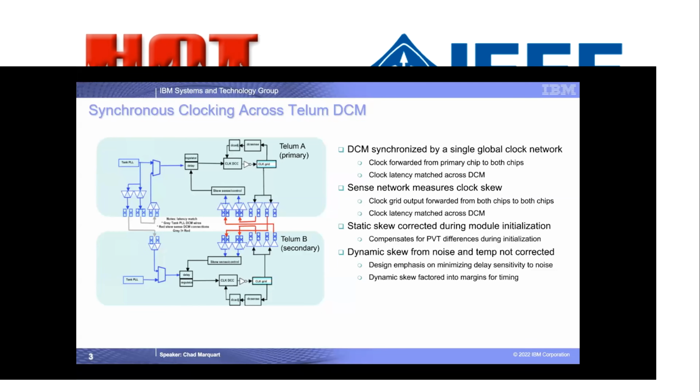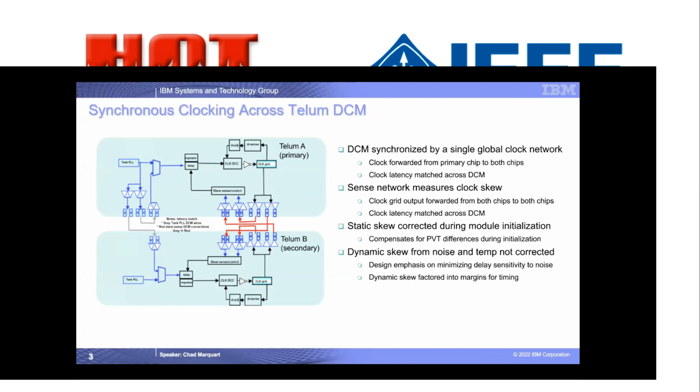This is illustrated with the red arrows in the diagram. Again, the reason for the feed forward path and the feedback path in both directions is to keep the clock latency matched across the DCM as much as possible. The end goal is to minimize clock skew, especially with these circuits used to measure skew. It's important that we minimize error from mismatch of the paths as much as possible.